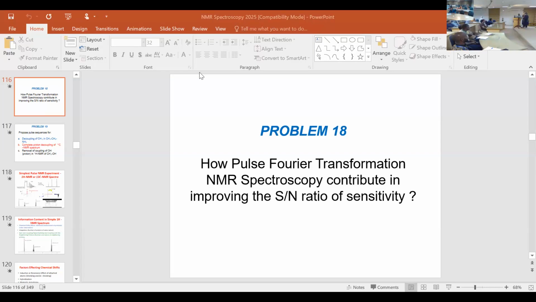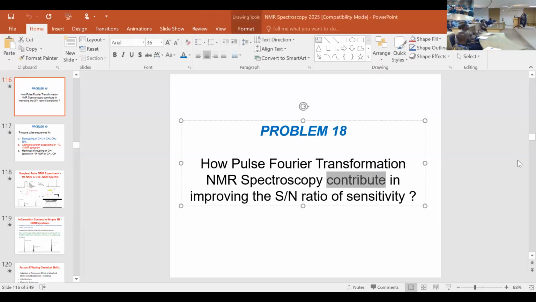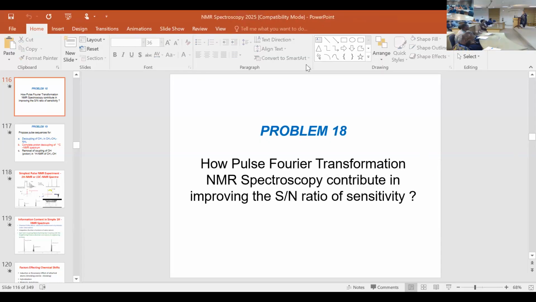Sir, as you mentioned in your previous lecture, signals are always overlapping. For example, most of you have probably run a proton NMR experiment, in which you usually give 16 or 32 or 64 or 128 number of scans.